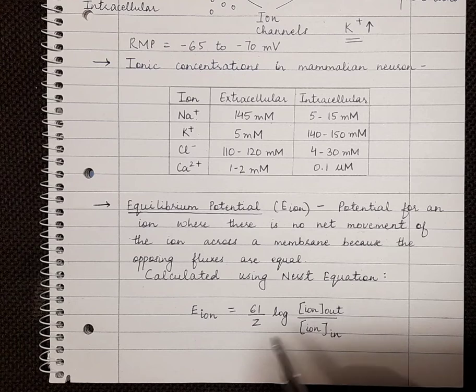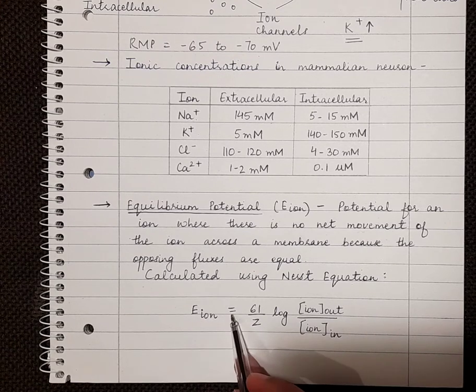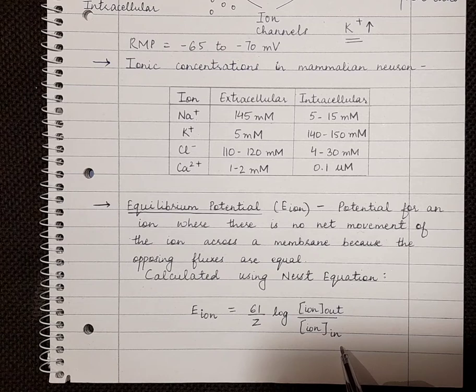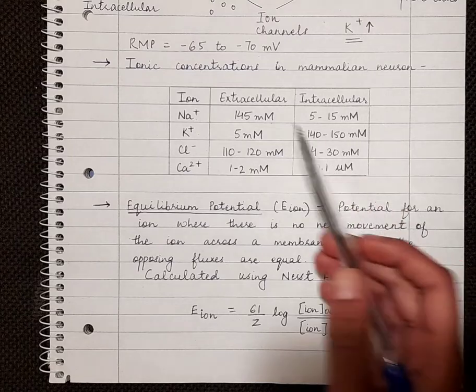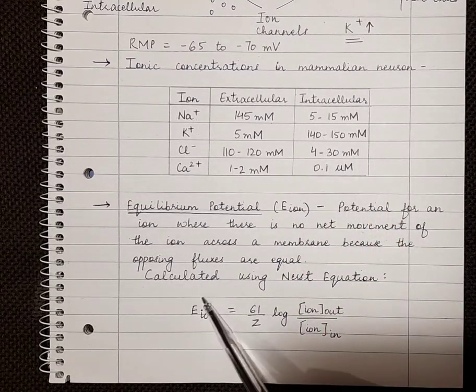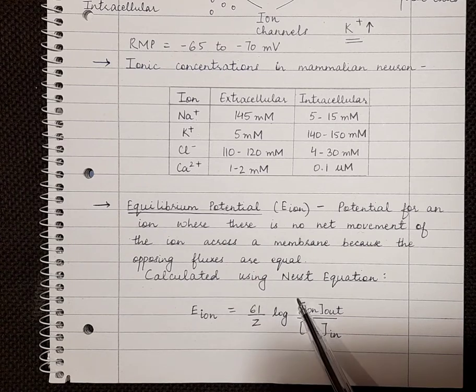The equilibrium potential, represented as E ion, is equal to 61 by Z, where Z is the valency, times log of ion out, the concentration of the ion extracellularly, divided by ion in, the concentration of the ion intracellularly. If you put in the concentrations of particular ions, for example sodium or potassium, you will get the equilibrium potential of these specific ions.